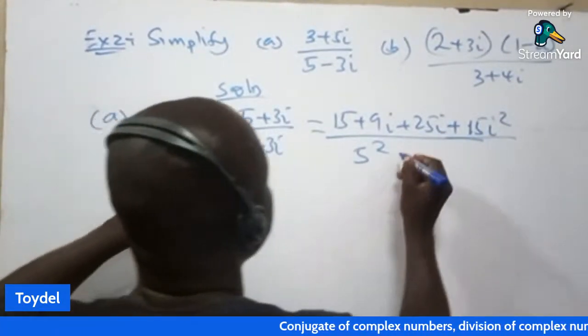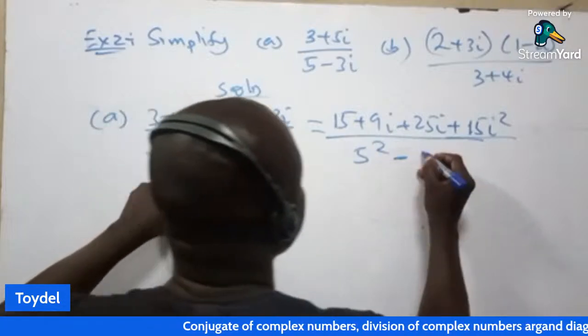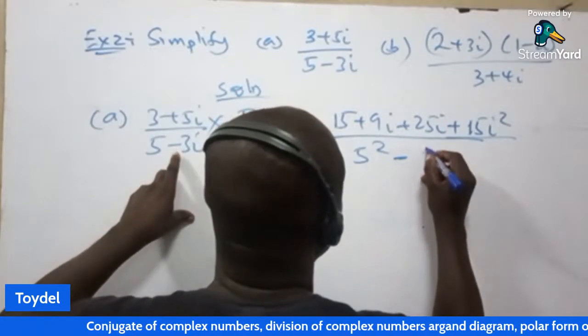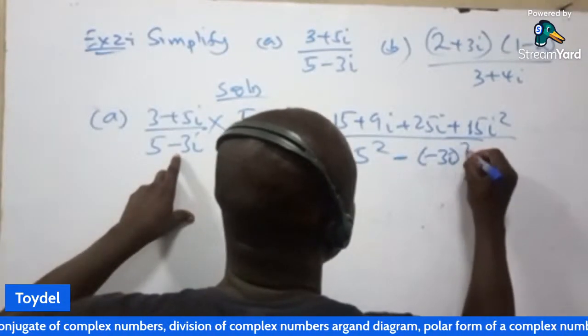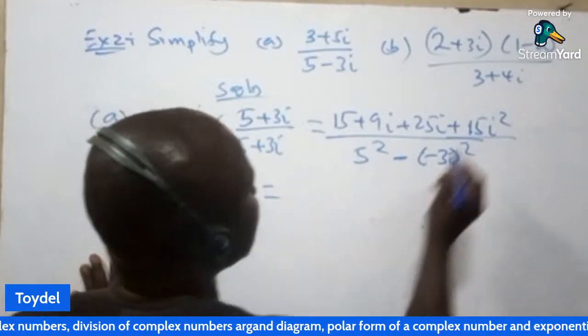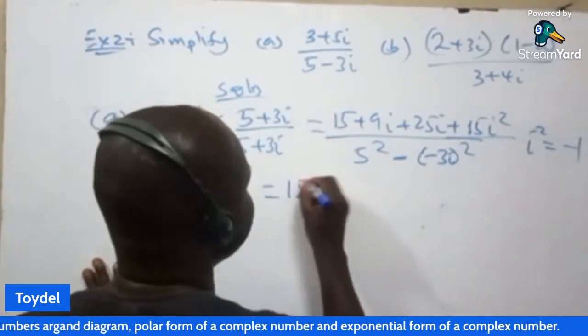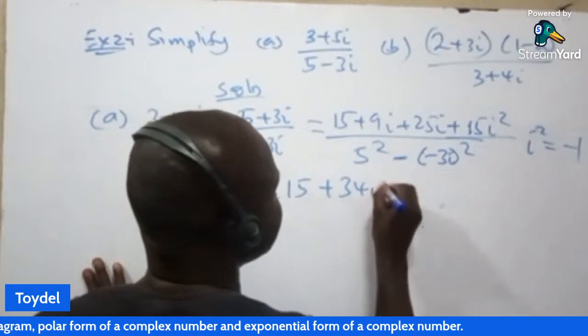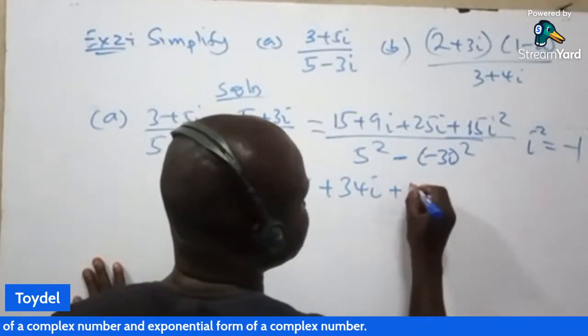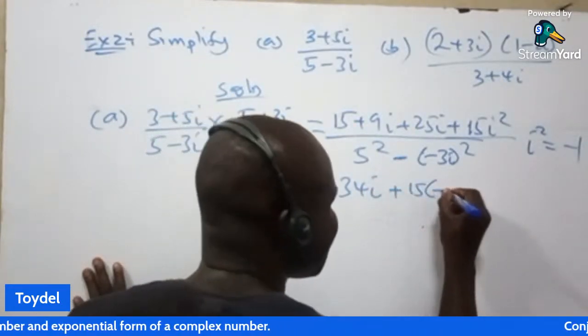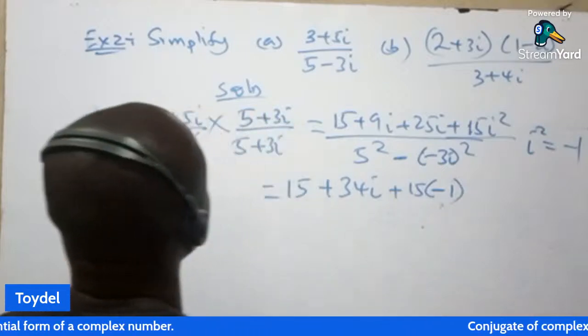Then minus 3i squared. So at the end of the day, i squared is equal to minus 1. So let's take note of that. I'm going to have 15 plus 34i, then plus 15 into bracket minus 1, since i squared is equal to minus 1.